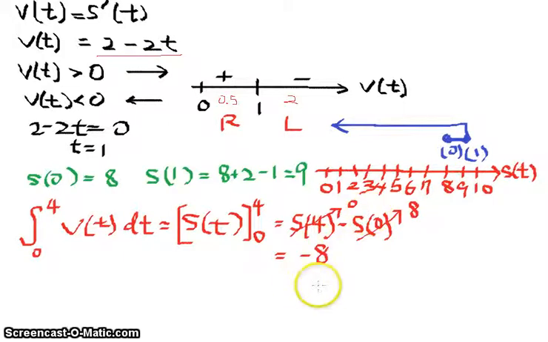Alright, so let's take a look at the motion diagram and see if there's any connection between what I just found, my displacement of negative 8, and my motion diagram. So when time is equal to 4, my object is somewhere, so from here, s of 4, which is 0, that means my object is at 0 over here, when time is equal to 4.